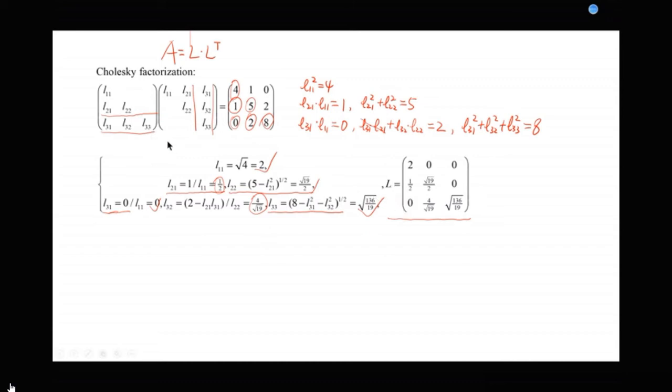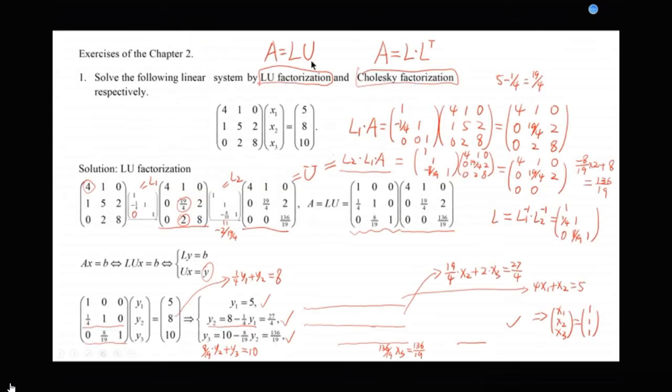And you should understand the difference between LU factorization and Cholesky factorization. Here, the L is a lower triangular matrix with ones on its diagonal, right? Three ones here, because here it is a 3 by 3 matrix. Now you see.